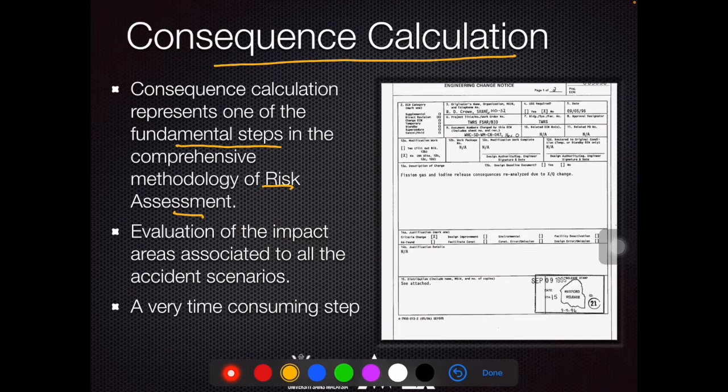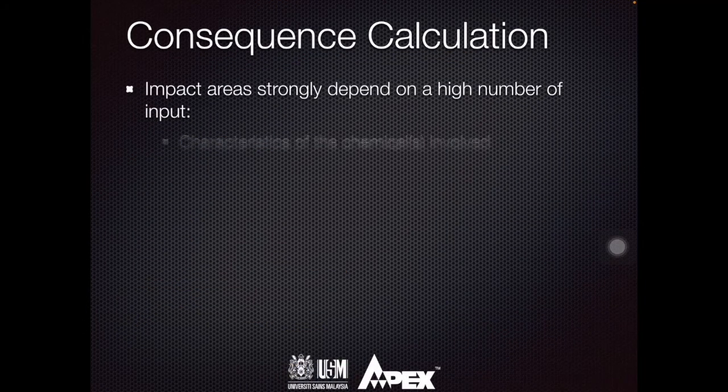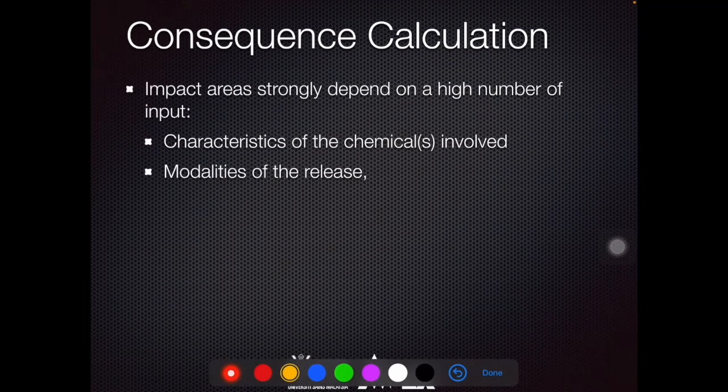The evaluation of the impact area associated with all the accident scenarios is put in here. This is a very time-consuming step. It involves hundreds and thousands of calculations. The impact area of the consequence calculation depends highly on the input.